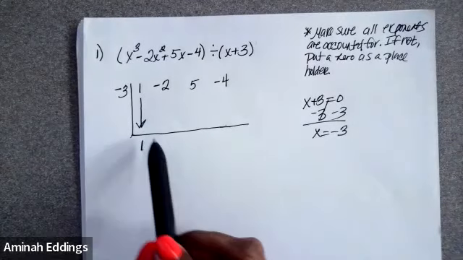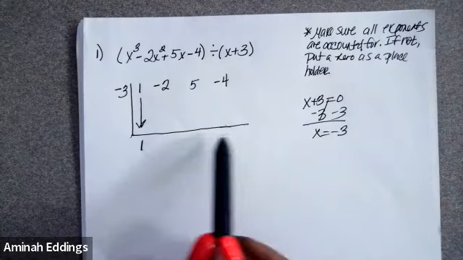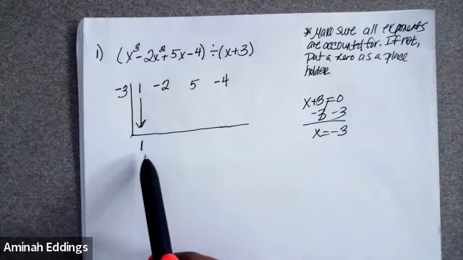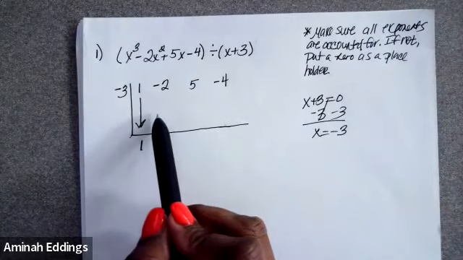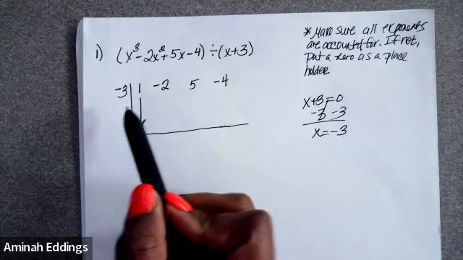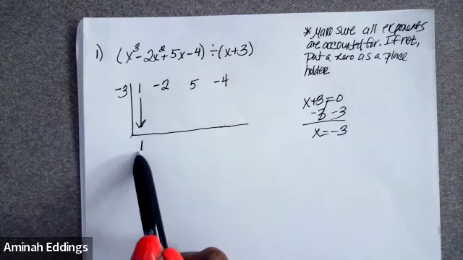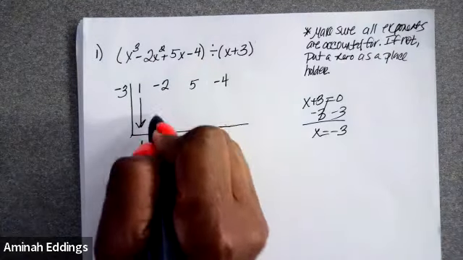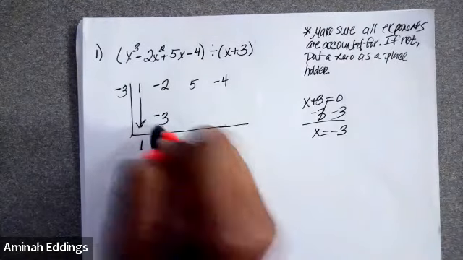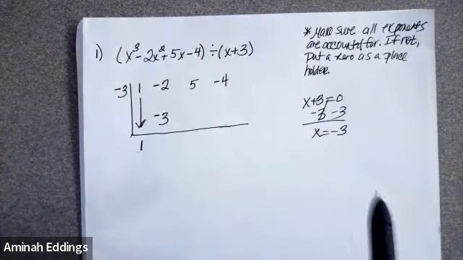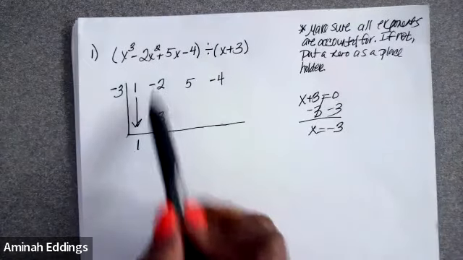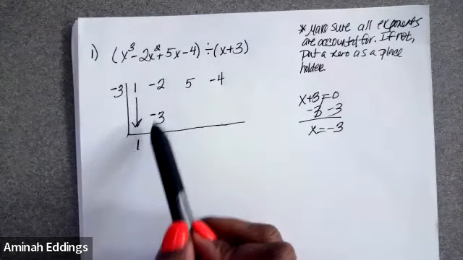And then if we have a number below the line, you're going to multiply and put that number above the line. So here's your pattern. -3 times 1 is -3. It goes above the line or inside the box, however you want to say it. Then if it's inside, we combine these two together.